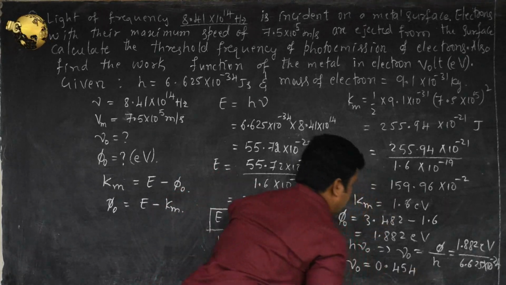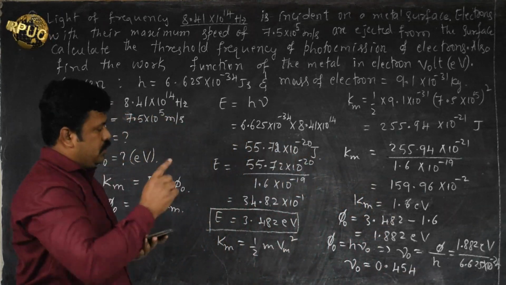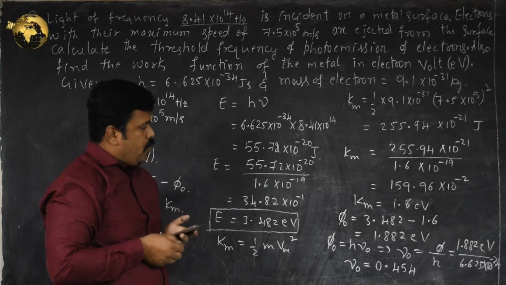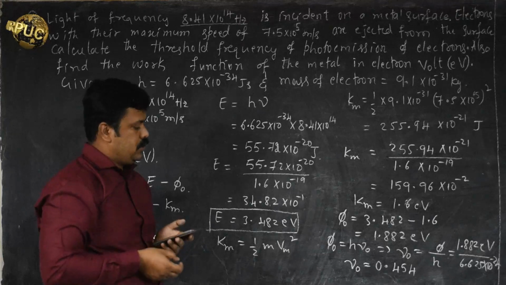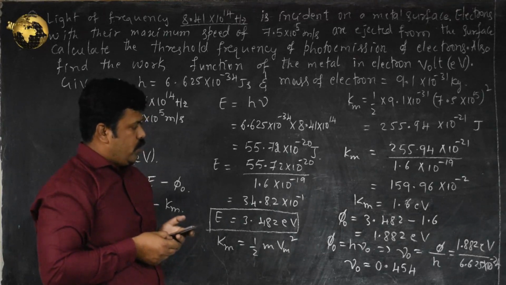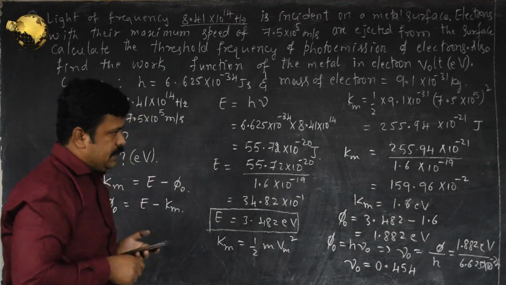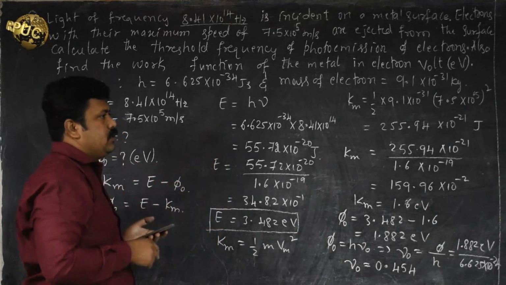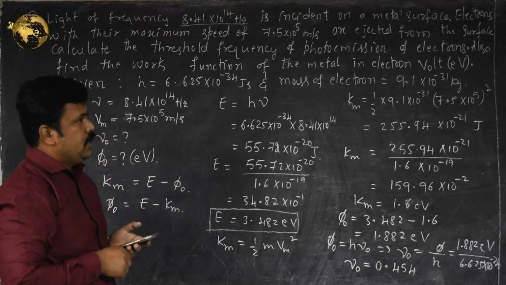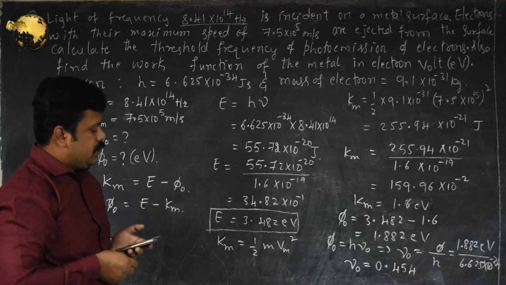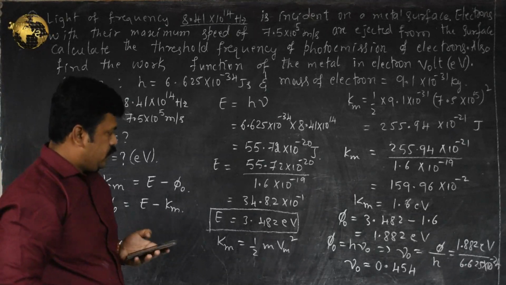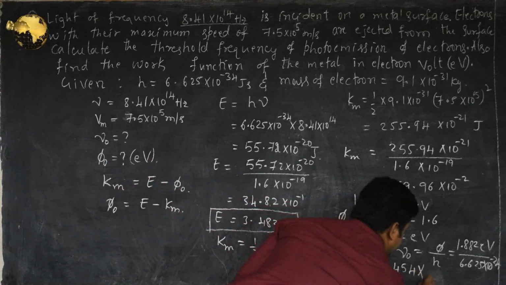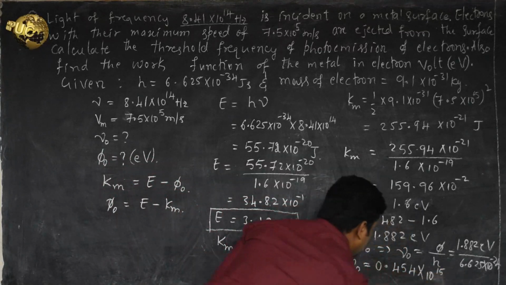So we get 0.454, where I have converted 1.882 electron volt into joules, that is 3.0112 into 10 to the power minus 19. So minus 34 shifted upwards: minus 19 plus 34 gives 15, so 10 to the power 15.